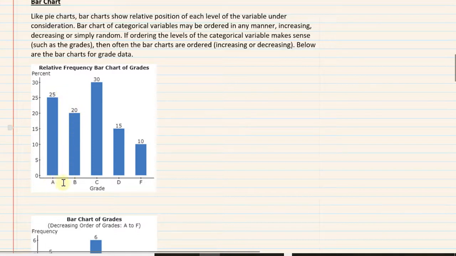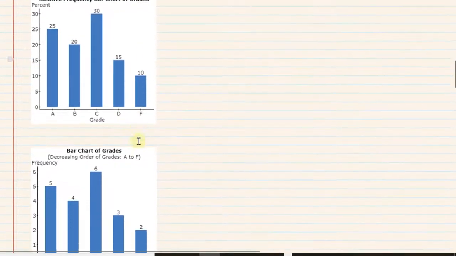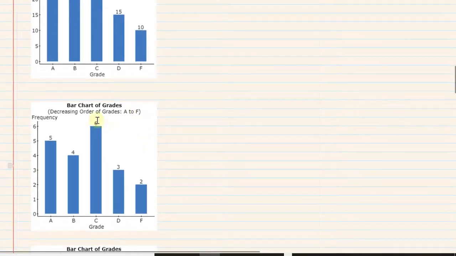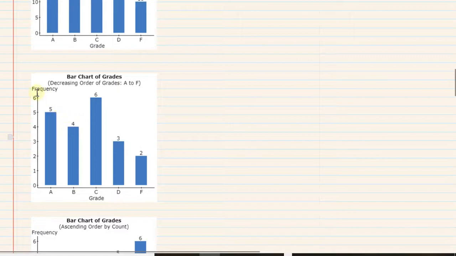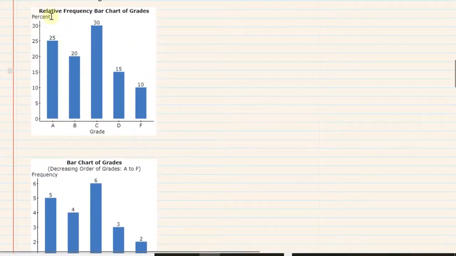Now this is ordinal data, A, B, C, D, F, and so this is the distribution of grades, let's say, in that class. Okay, and you can look at bar charts of grades. This time it is in terms of frequencies, not relative. Look up here. Up here it was percent.